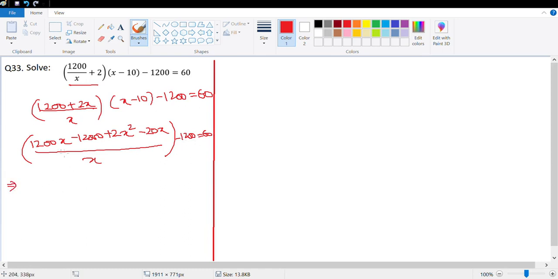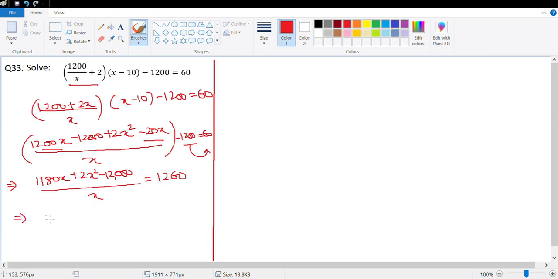So this is 1200x minus 20x, which is 1180x, plus 2x squared minus 12,000 upon x is equal to 1260. If I take negative 1200 on the other side, this becomes 1200 plus 60, which is 1260. Let's cross multiply.